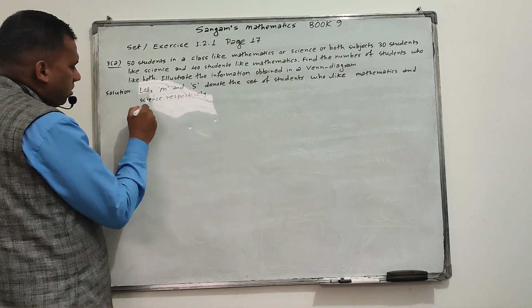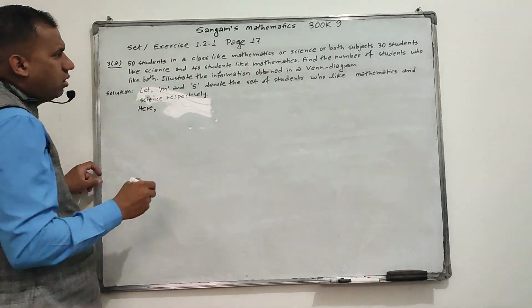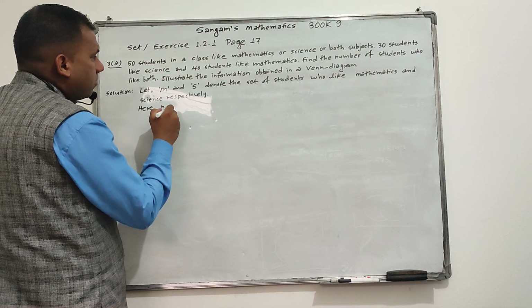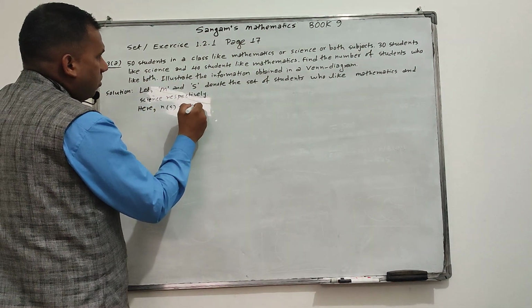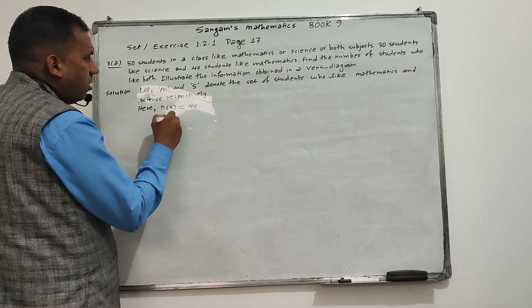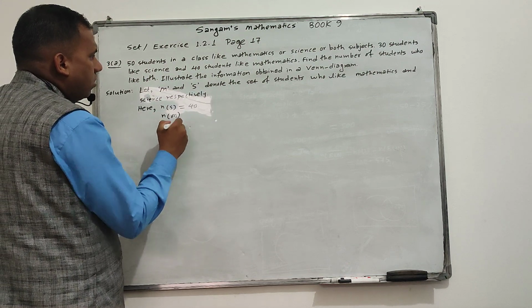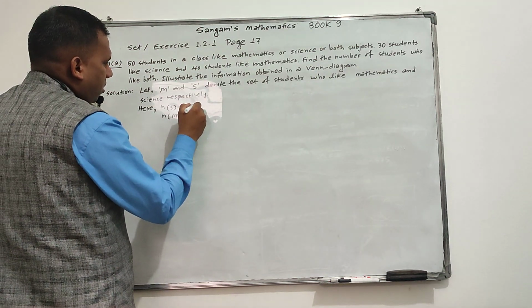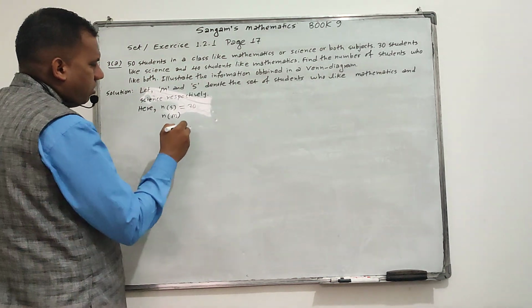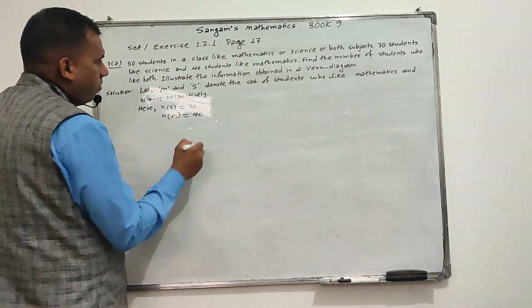Then 30 students like science, so number of S is 30, and 40 students like mathematics, so number of M is 40.